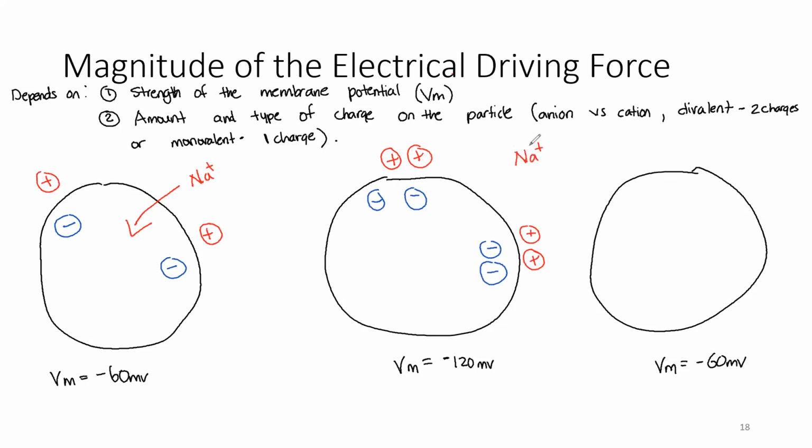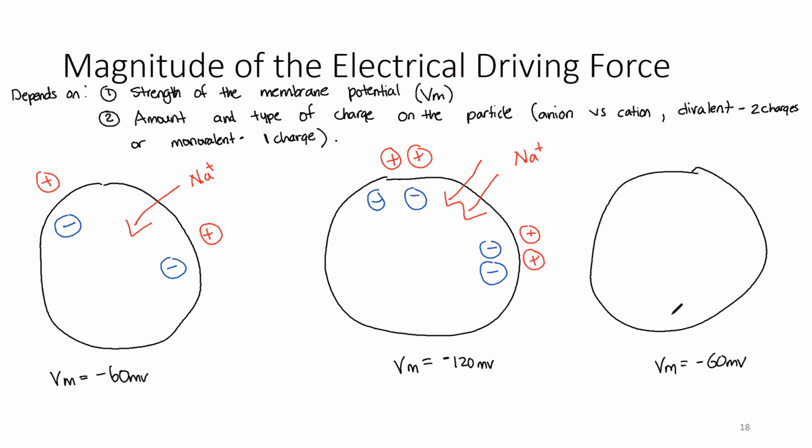The charge on sodium hasn't changed, it's still positively charged, still one charge, a monovalent cation, but now we have a stronger membrane potential. As you'll see, although we have the same cation, we now automatically have a stronger force. We've now doubled the magnitude of the electrical driving force moving sodium into the cell, okay?